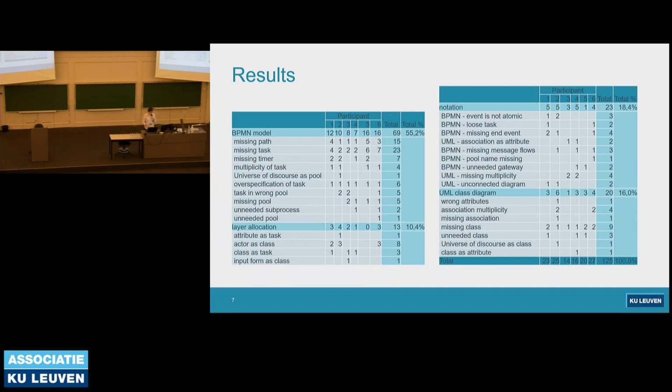And then we have mistakes related to the UML class diagram, and the smallest category is layer allocation mistakes. This means mistakes where a student would put a requirement into the UML model when it was supposed to be in the BPMN process model, or the other way around.